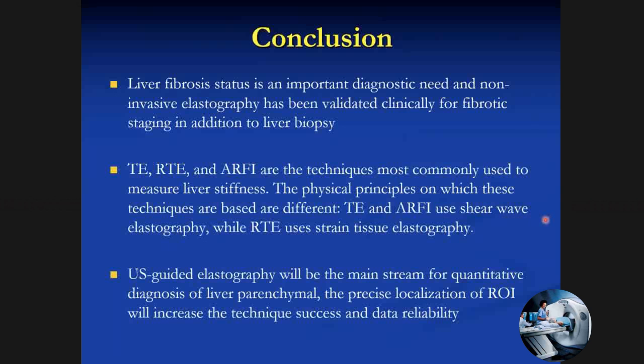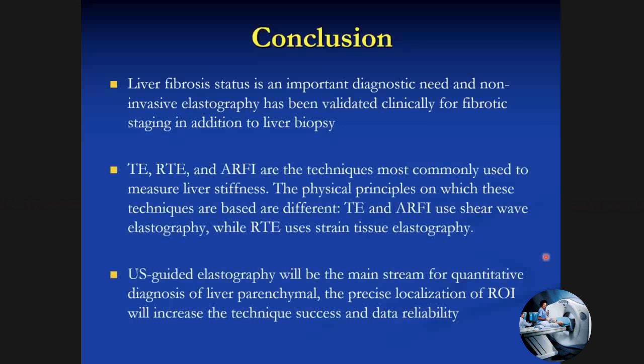The physical principles on which these techniques are based are different. Some use shearing waves and some use strain tissue elastography, but transient elastography with shearing wave detection is more and more important and has become the mainstream now.